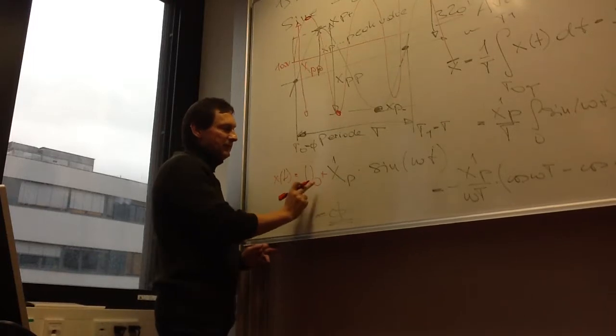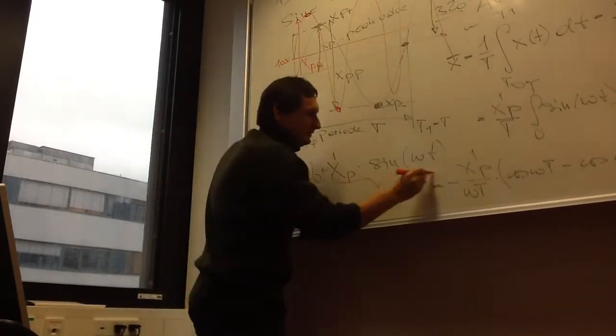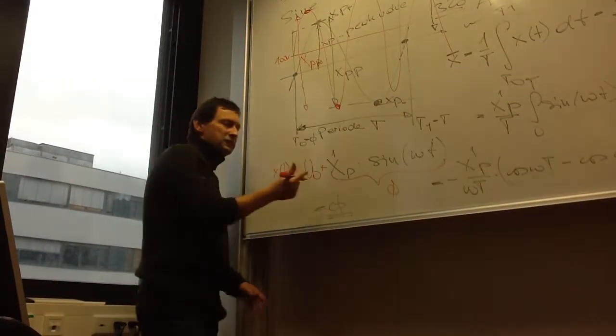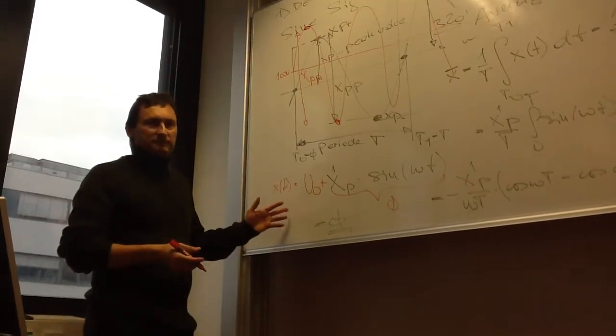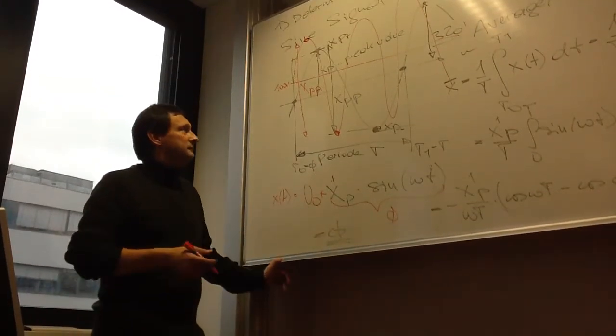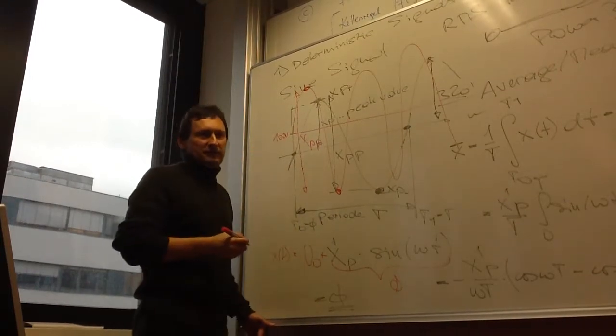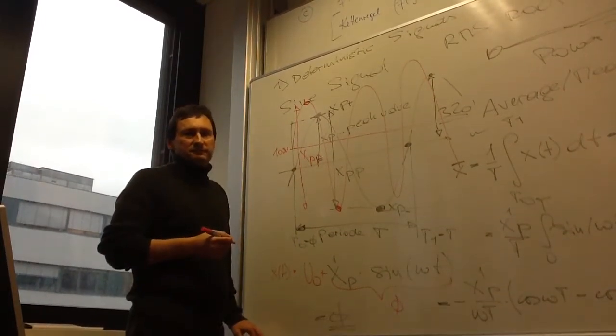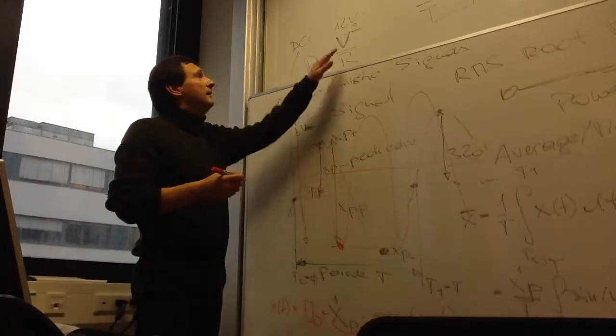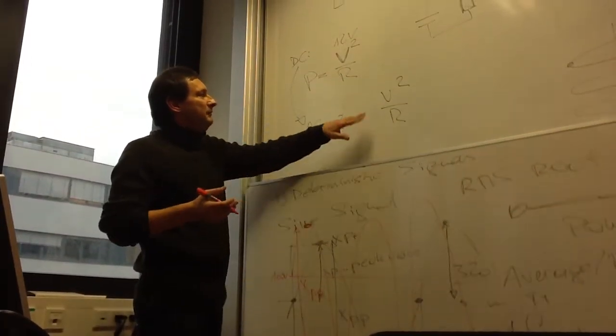Then this will be 0 and the average value will be the offset. That's clear. But normally we use an offset-free sine wave. But here we have the problem.